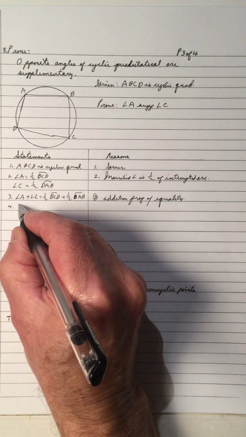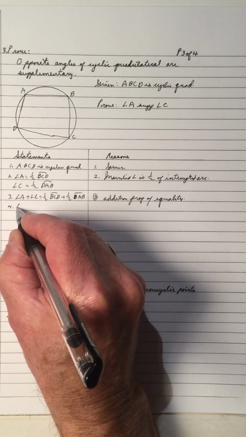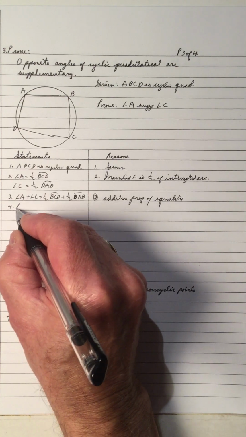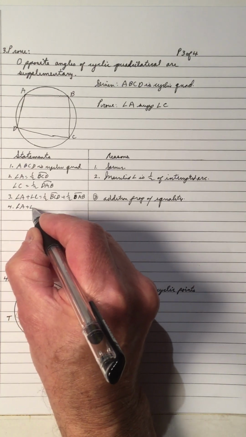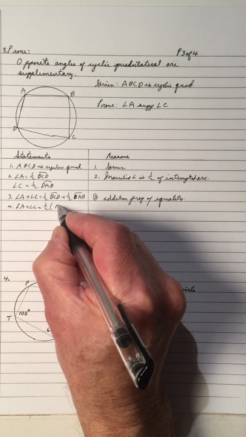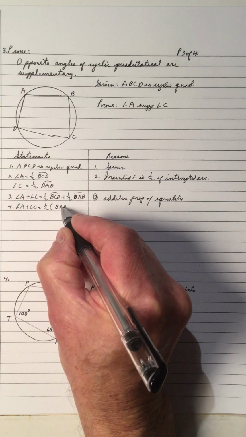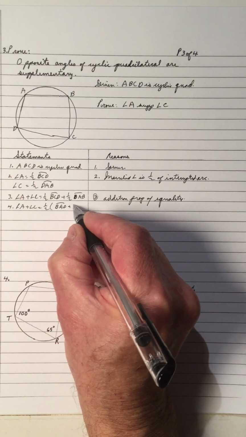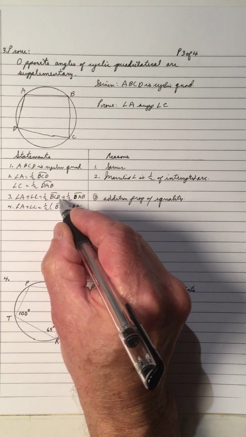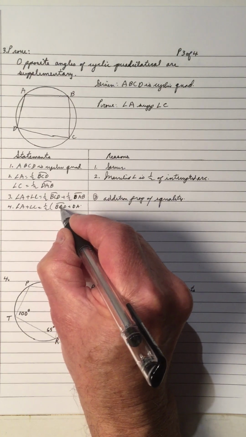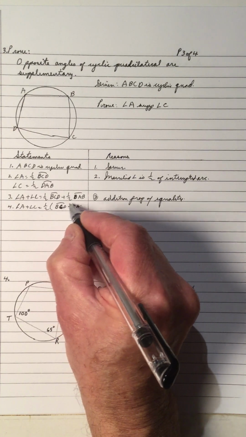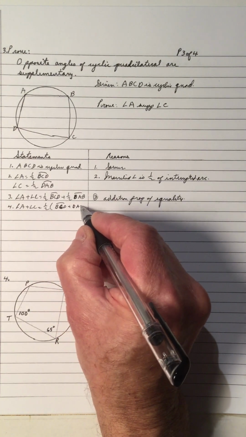But angle A plus angle C is half of arc BCD plus arc DAB.